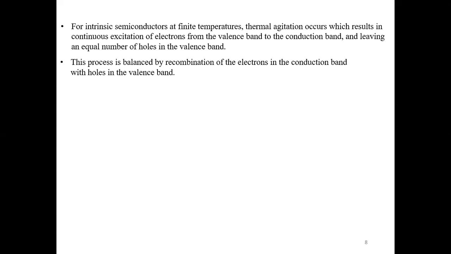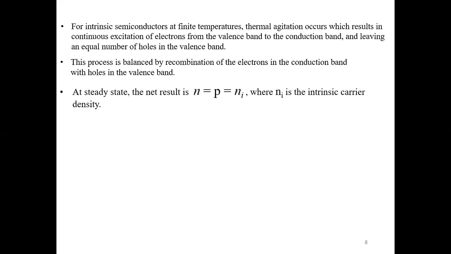This process is balanced by the recombination of electrons in the conduction band with holes in the valence band. So we're talking about an equilibrium process. For steady state or equilibrium, as I said, the carriers N and P are generally equal to the intrinsic carrier concentration.